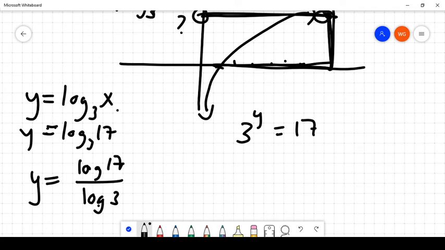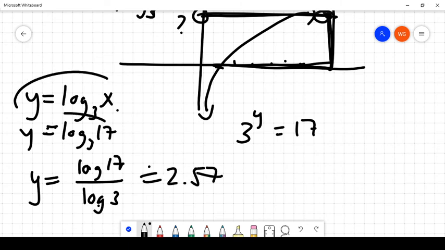And then taking out my calculator, log 17 divided by log 3 is equal to 2.57. So the answer approximately to the question evaluate log base 3 of 17 is 2.57. So that's kind of interesting. And now let's do one more together here.